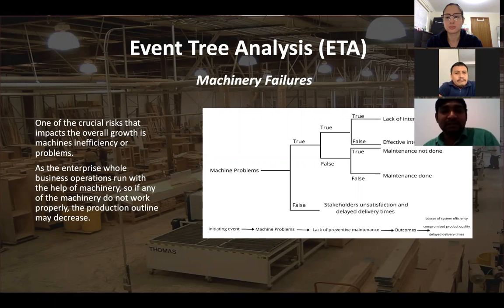The second one is machine efficiency problem risks. In this case of MDF manufacturing, machinery and technology equipment play a major role, as the company provides manufacturing and finishing services to multiple stakeholders, including small businesses, retailers, and wholesalers within and outside New South Wales state.